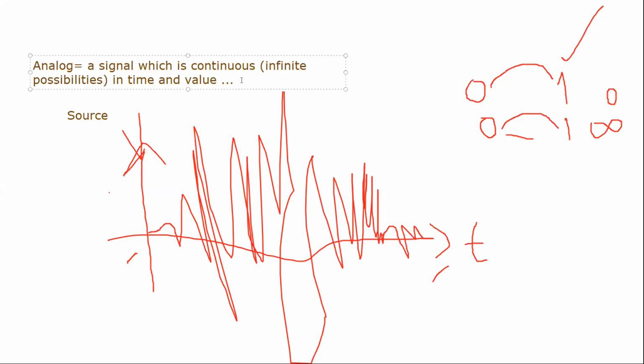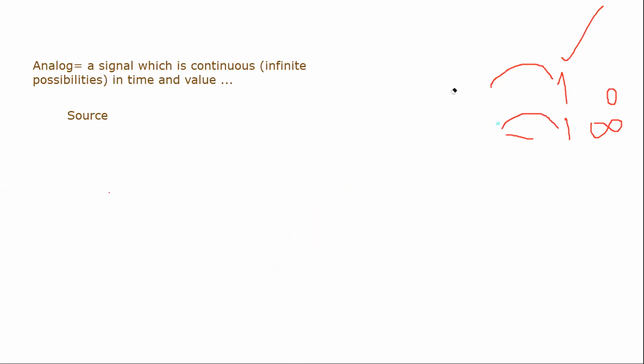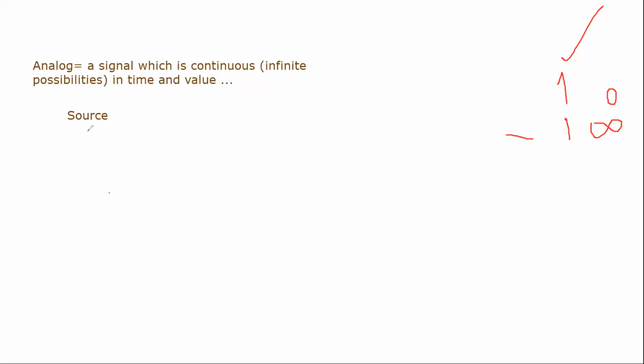For example, if I send you this, let me stop the share and open it. Okay, for example, look at this. You have a source. This is the signal you are sending. Then here there is one thing that we call a bad guy. That bad guy is called channel.